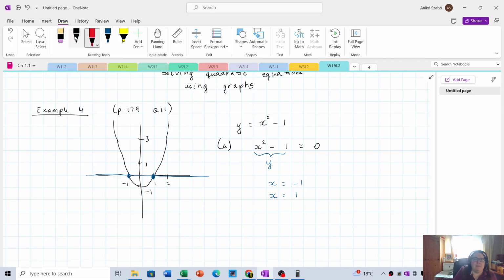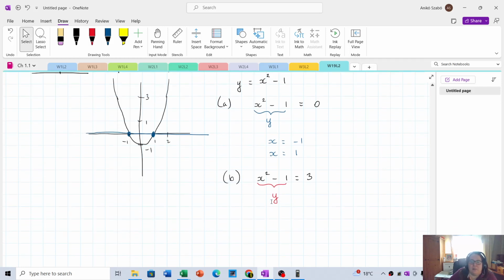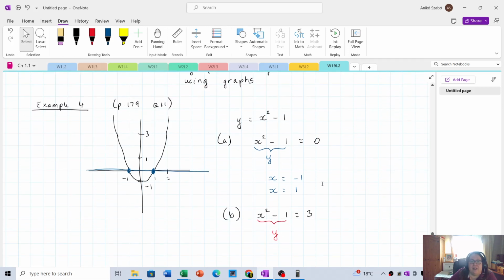Okay, part B. x squared -1 is equal to 3. Again, x squared -1 is our y, because y is equal to x squared -1. So we are looking for points that have y coordinate 3.